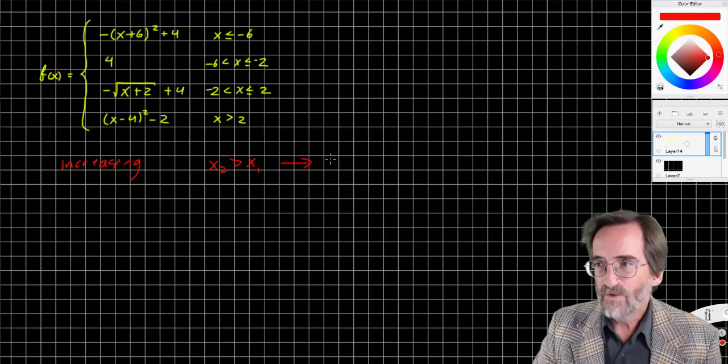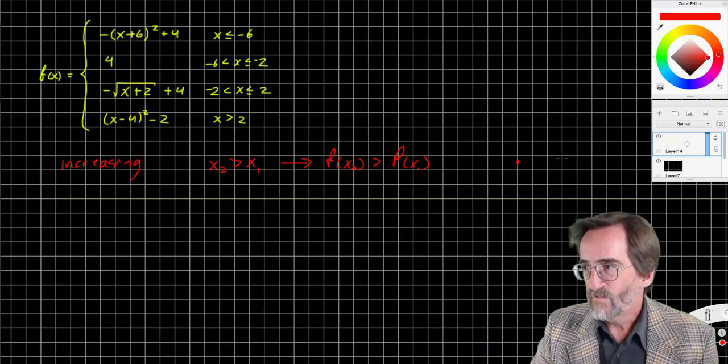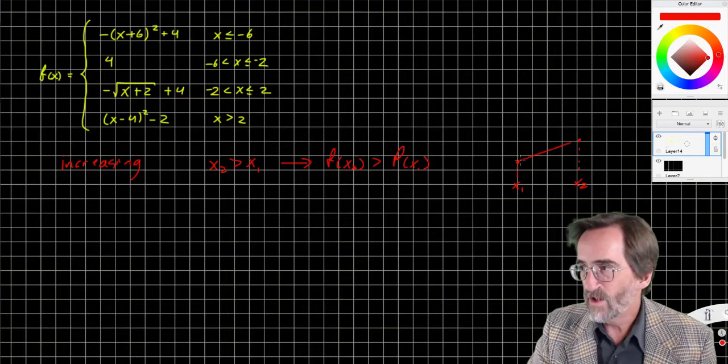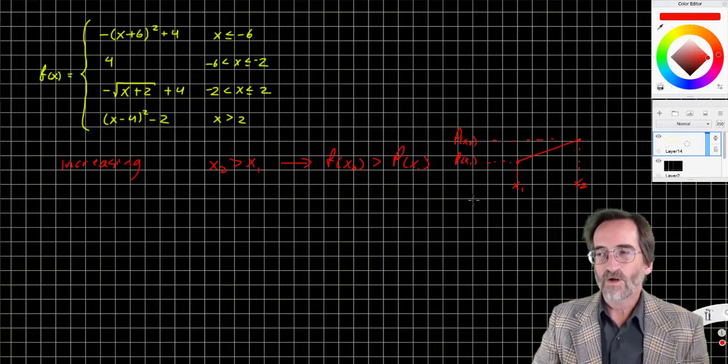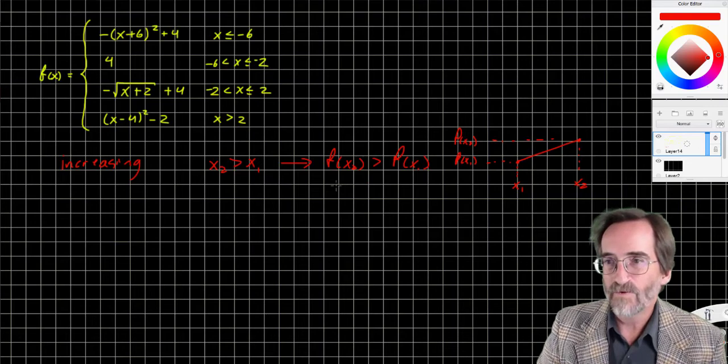That must mean that f of x2 is greater than f of x1. Okay, hopefully that makes sense. If we're going up, a bigger x value means a bigger output value, a bigger y value.